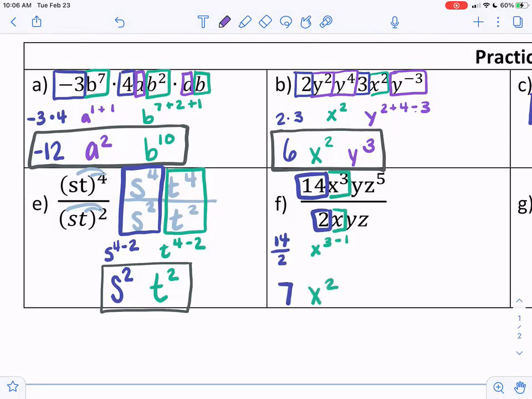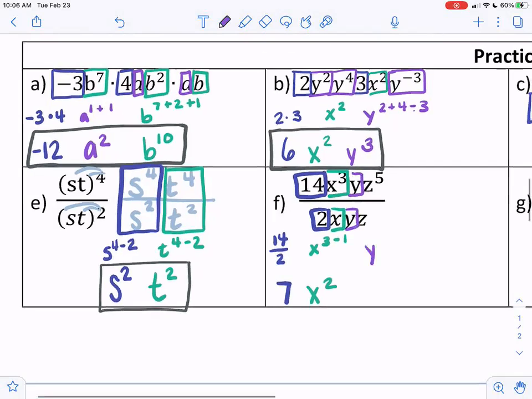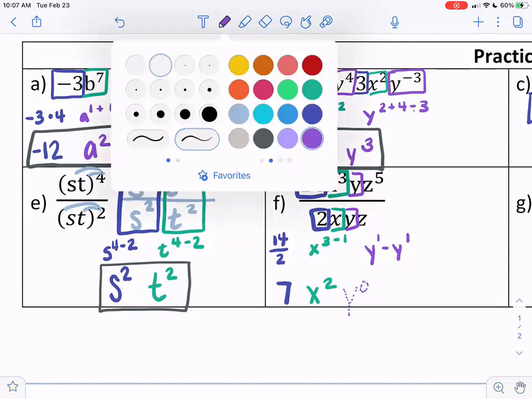I've got a y and a y. Both of those are 1s. So I've got y to the first minus y to the first, which is going to give me an invisible y to the 0 power. I say it's invisible because we don't actually have to write it, because anything to the 0 power is 1. So we don't have to write any of those 1s in there.